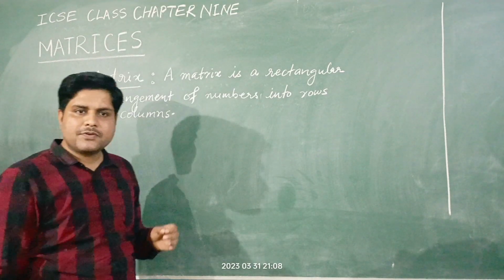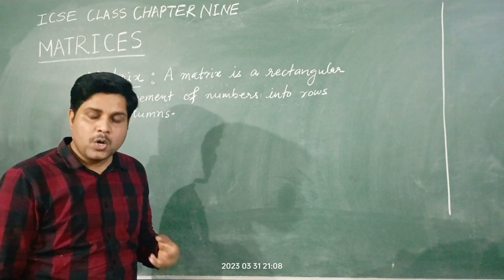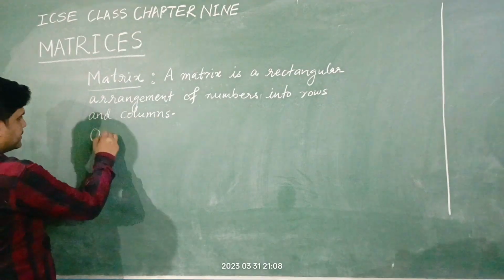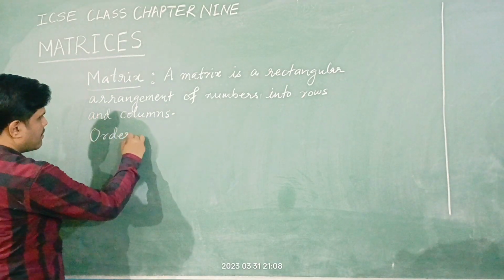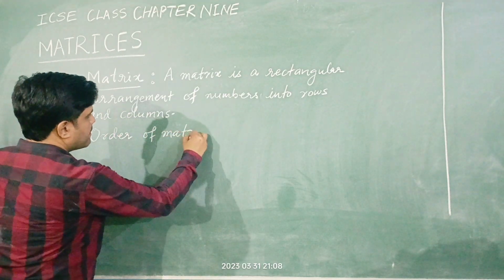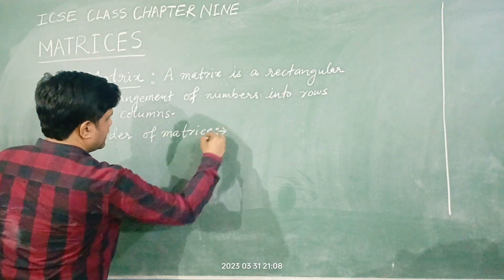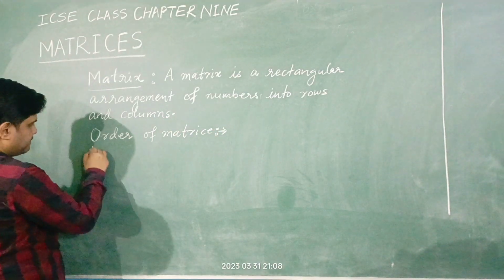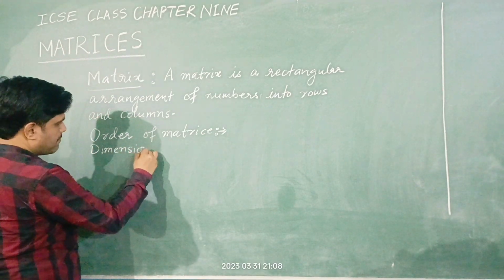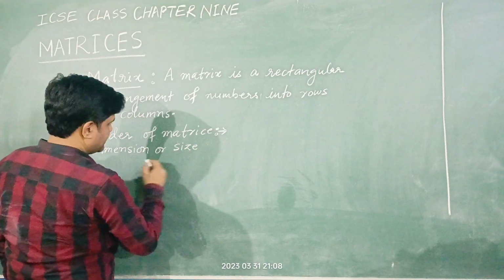Now, the next thing that we are going to understand is order, dimension or size of the matrix. Order of matrices, we can also call it dimension or size.